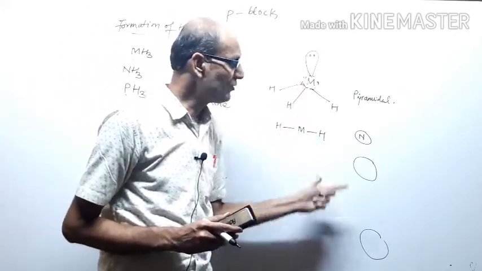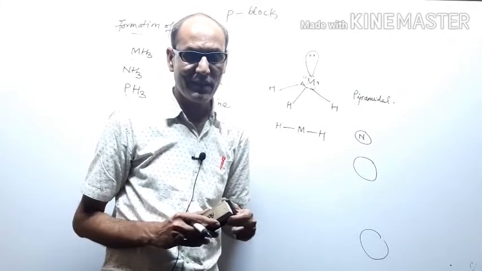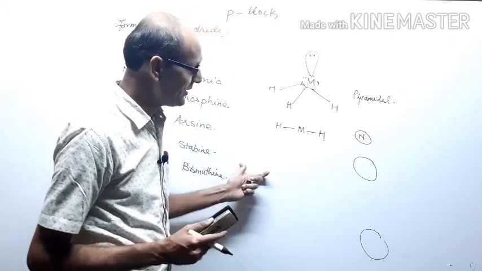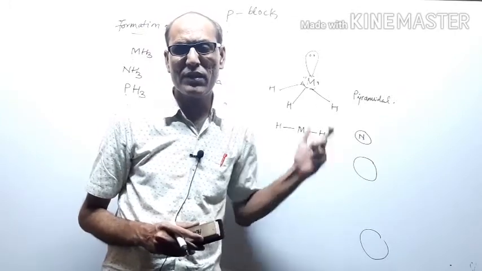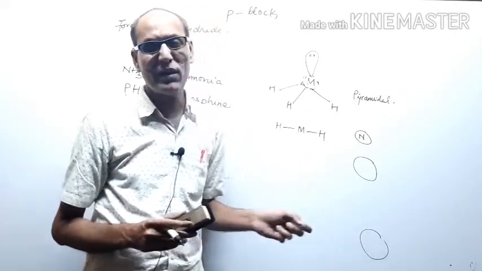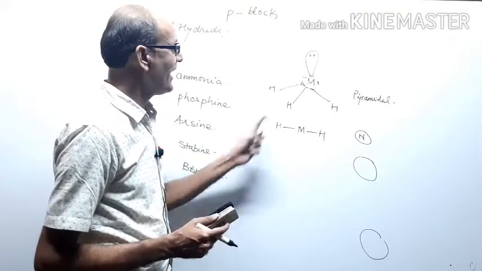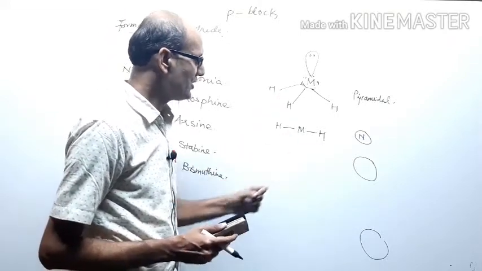Moving downside, as the size increases, the electron density decreases, so the repulsion between lone pair and bond pair decreases and the bond angle decreases.